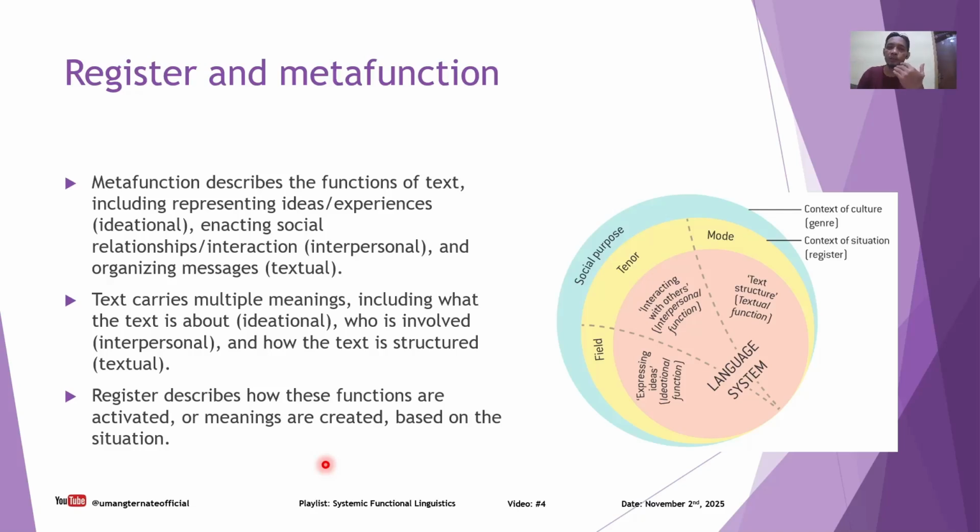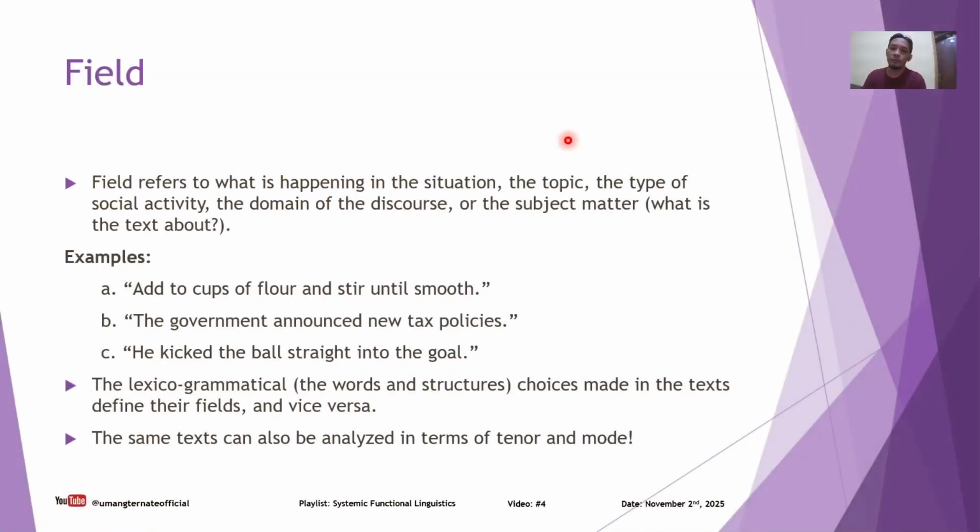Just like what we saw in the previous slide, register is not about true or false, right and wrong, but about the appropriateness of the language used based on the context of situation. So that's how register and metafunction connect. Now we look at the first register variable, the field, or the field of discourse.